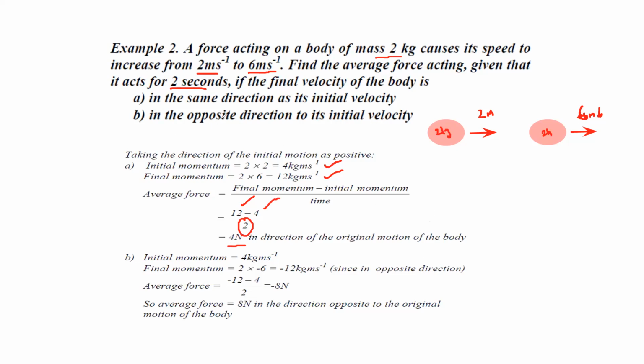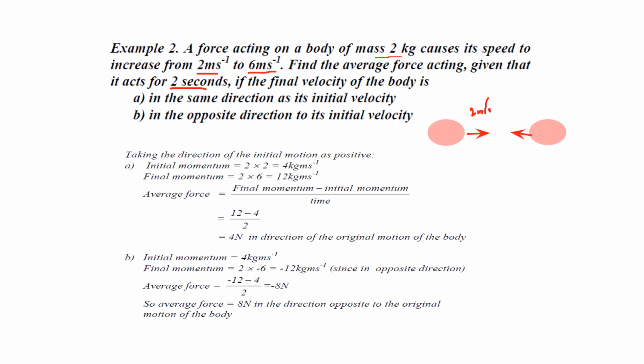What if the final velocity is in the opposite direction? So if the final velocity is in the opposite direction, 6 meter per second, the 2 kilogram object initially has a speed of 2 meter per second, but the final velocity is not in the same direction, it is in the opposite direction.